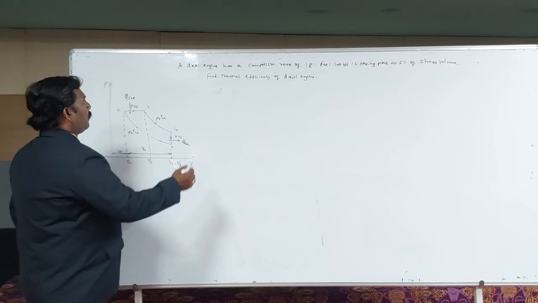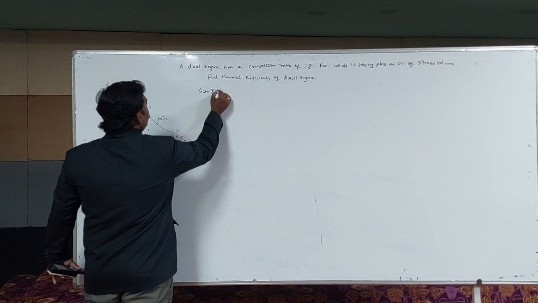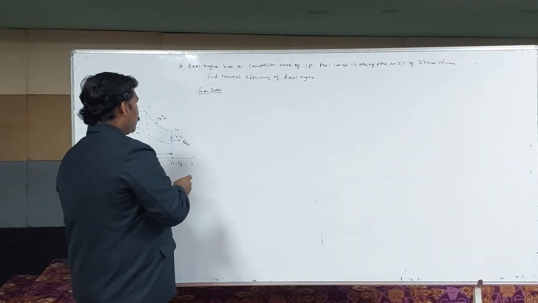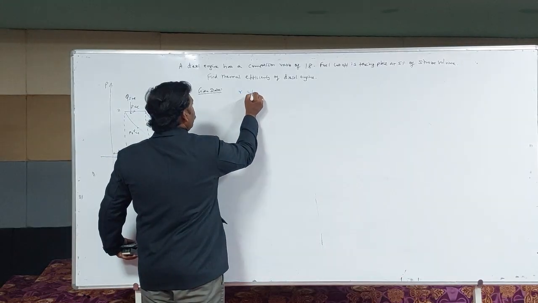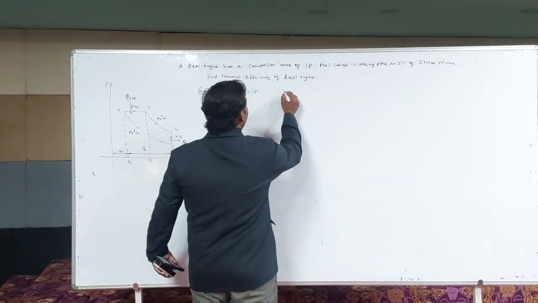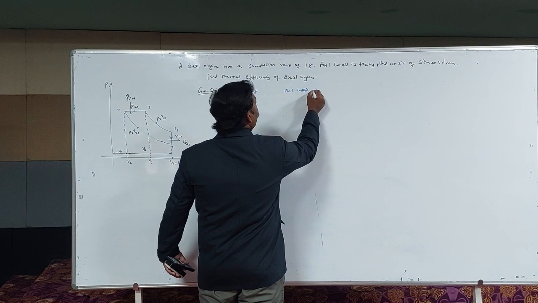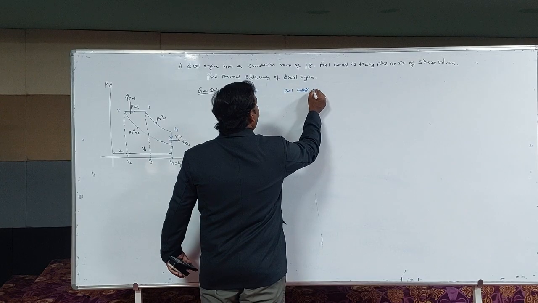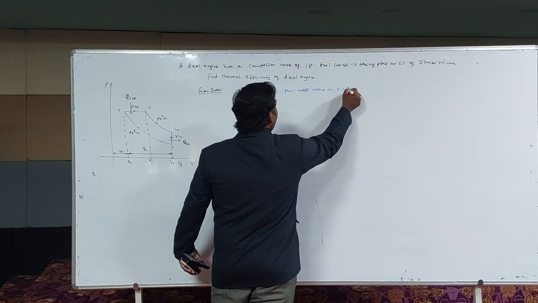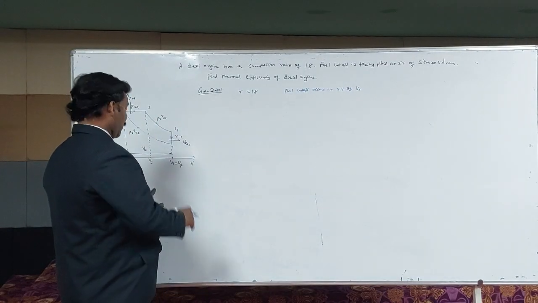Now we will write the given data first. Given data: the compression ratio r is equal to 18. The fuel cutoff occurs at 5% of Vs. Determine the thermal efficiency.